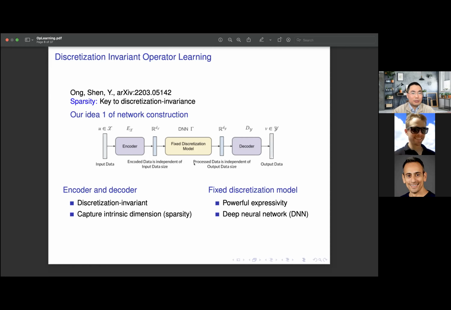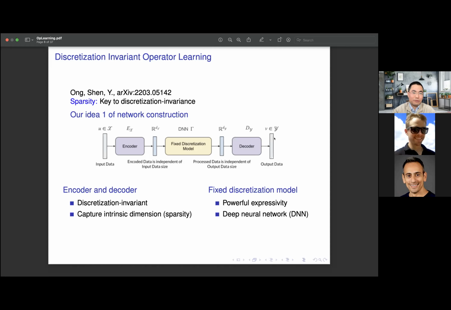Second, the learning problem looks like it's from an infinite dimensional function space X to another infinite dimensional function space Y. It looks very challenging because of the curse of dimensionality. And my feeling is that in many applications, the dimension is actually not very large.